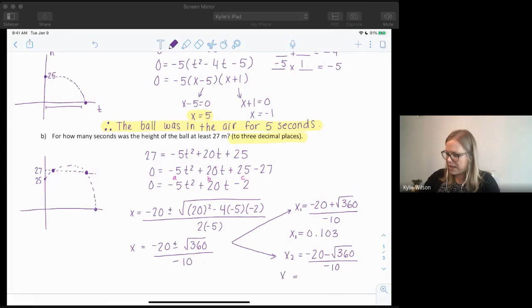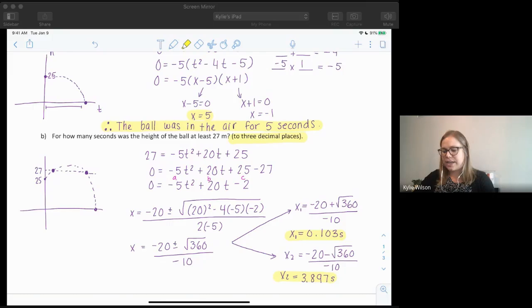And when I put that into my calculator, negative 20 minus root 360 divided by negative 10, that will give me 3.897 seconds. So those are the 2 points at which it reaches 27 meters high.